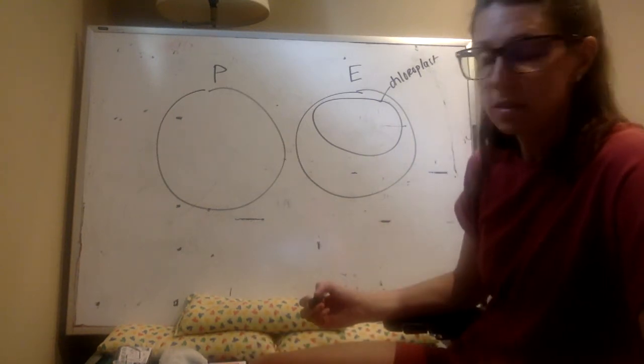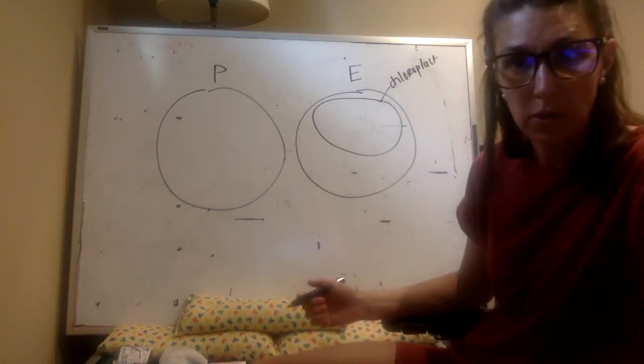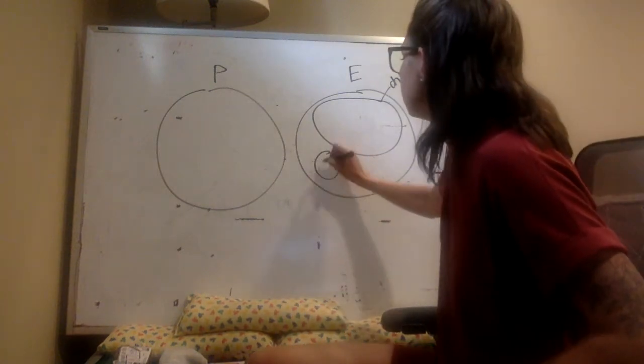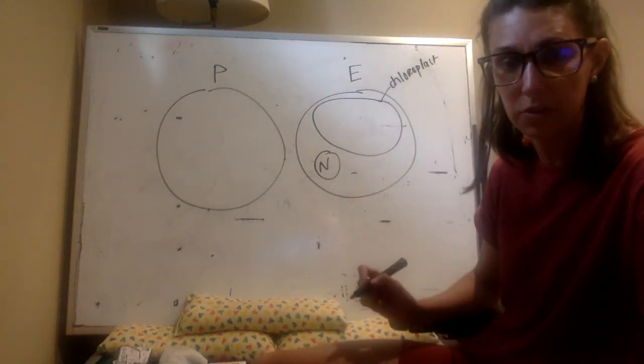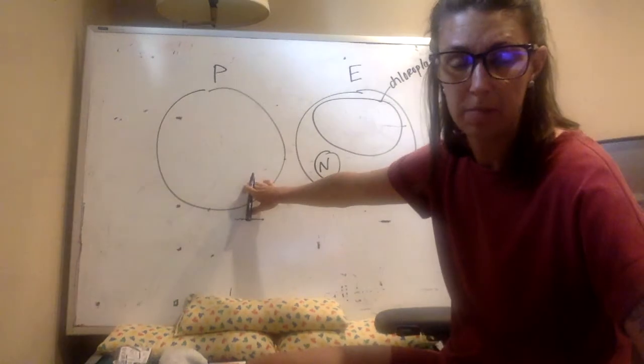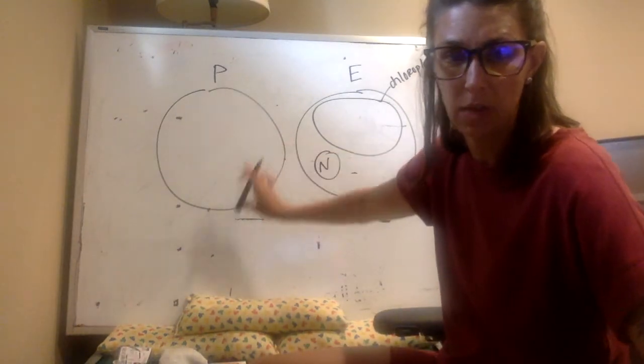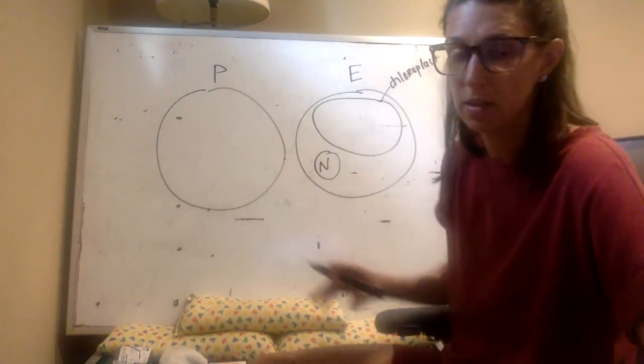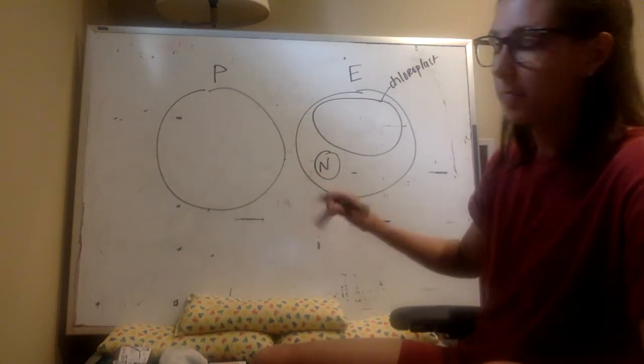So there's the chloroplast. I'm also going to draw a nucleus in this cell, and I put an N there for nucleus. Prokaryotes don't have membrane-bound organelles, so there's just the cell membrane and then the cytoplasm for our simple diagram's sake.